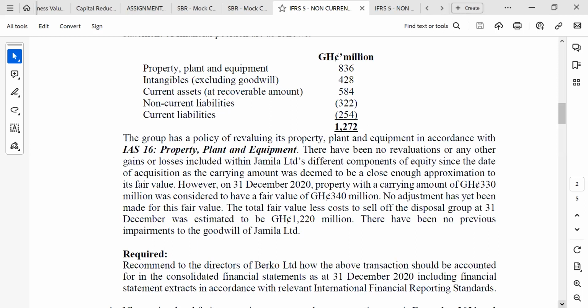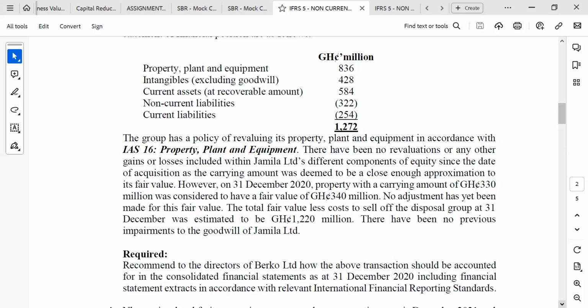The total fair value less cost to sell of the disposal group at 31st December was estimated to be 120 million Ghana cedis. There have been no previous impairments to the goodwill of Jamila Limited.